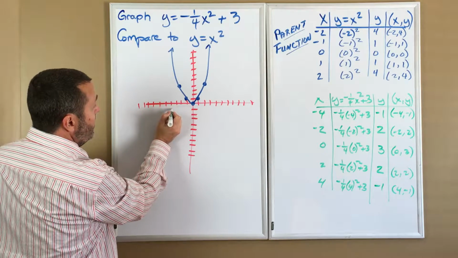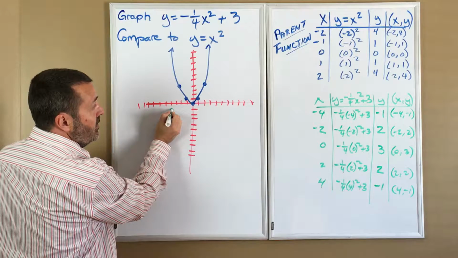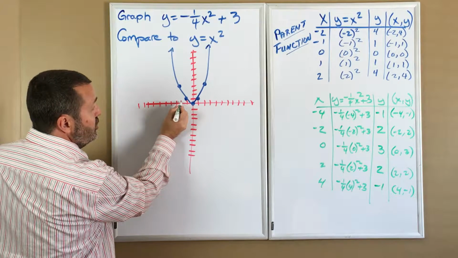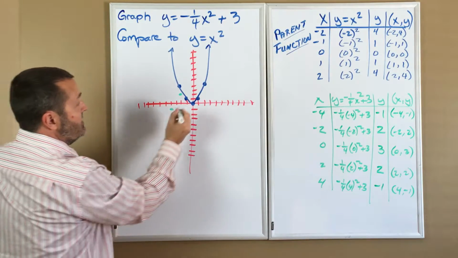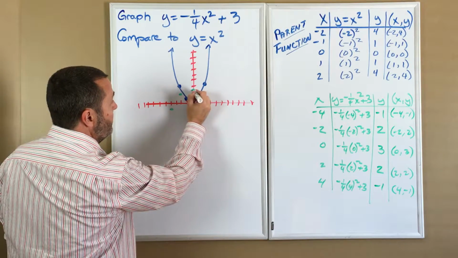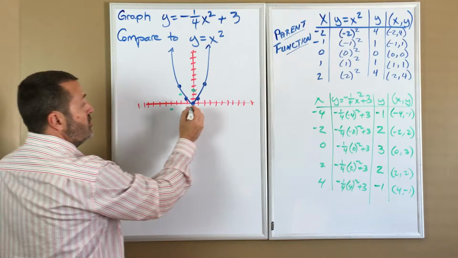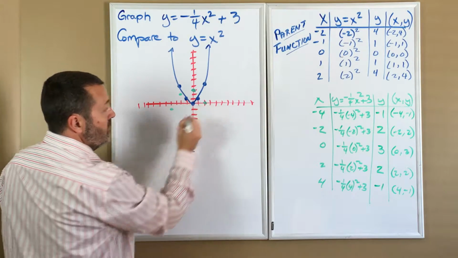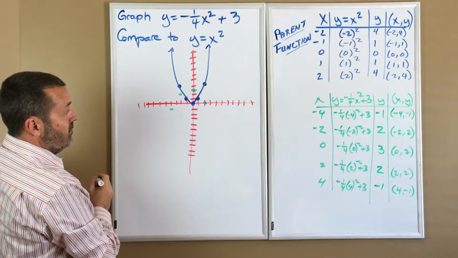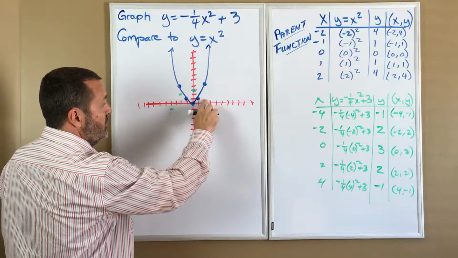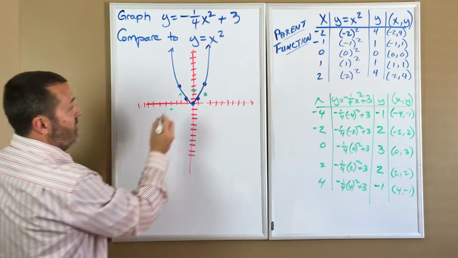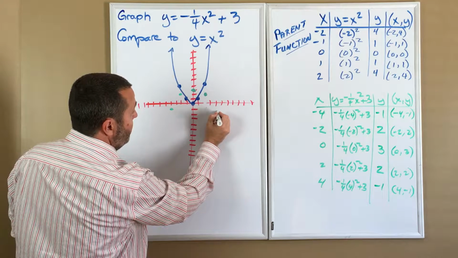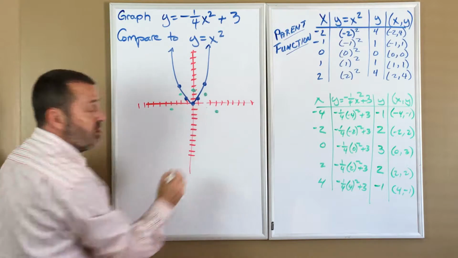Negative 4, negative 1. Negative 2, 2. 0, 3. 2, 2. And then 4, negative 1, which is right in there.